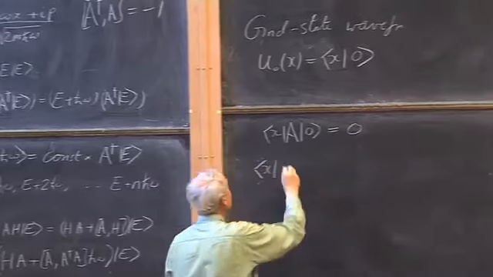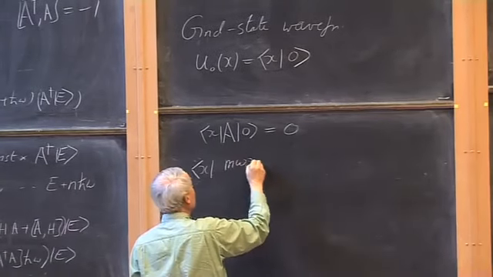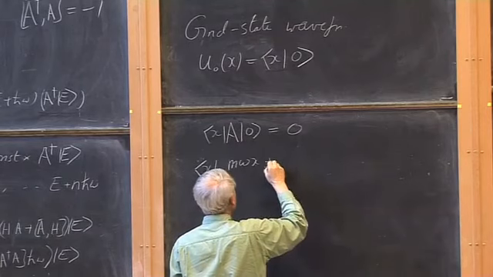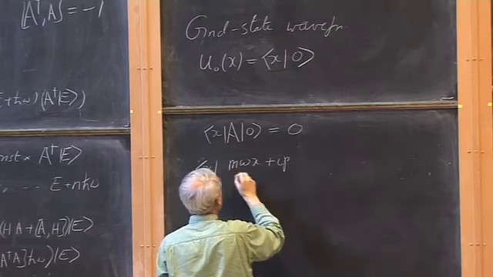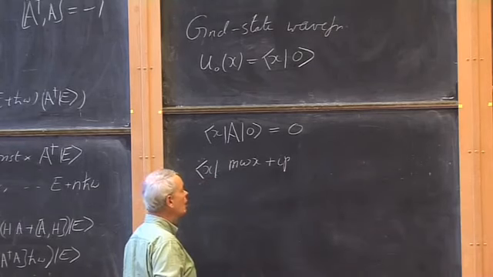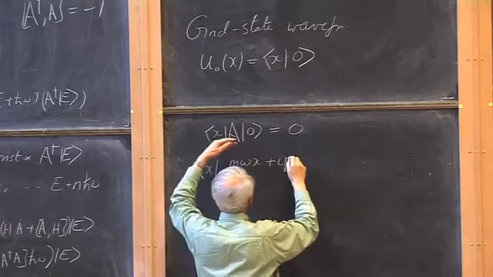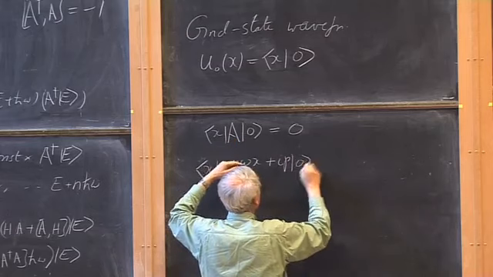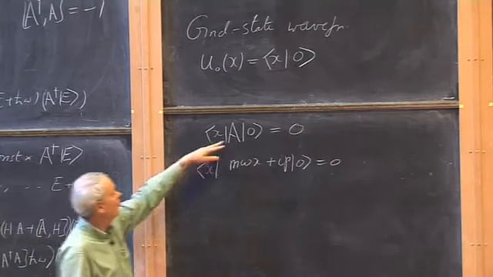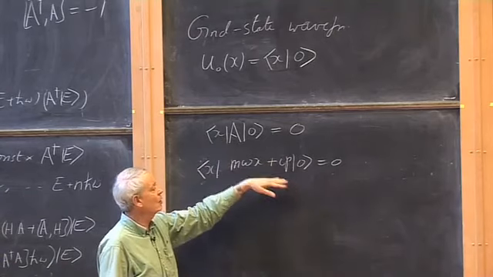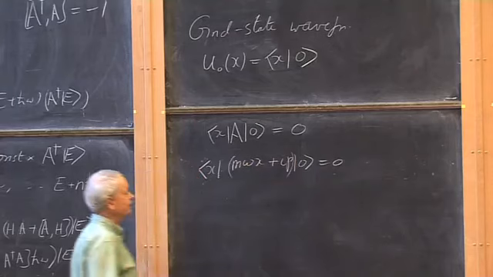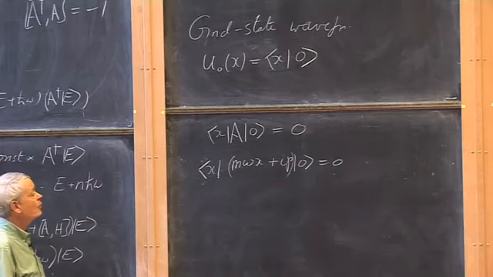So A is m omega x plus iP, in principle over the square root of 2m h bar omega, but because I'm about to put this stuff equal to naught, I can neglect the factor on the bottom. I can multiply through both sides of the equation by the factor on the bottom, and get rid of the garbage. Clean things up.